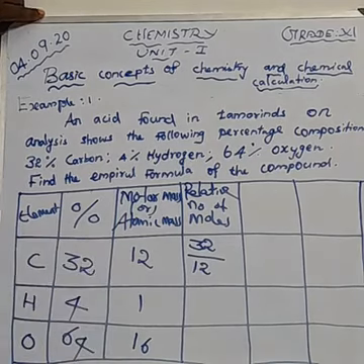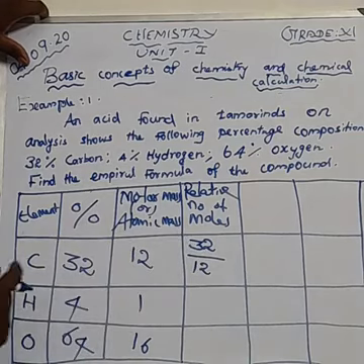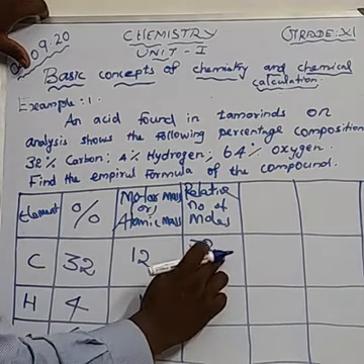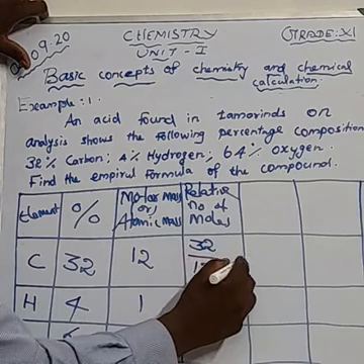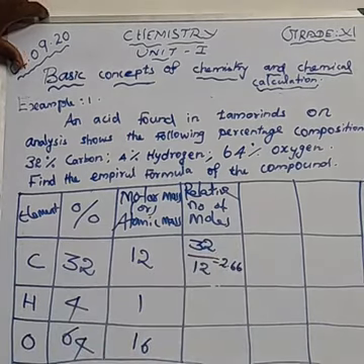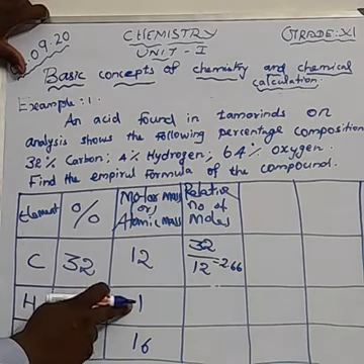Okay. Next. 32 divided by 12. What is the answer? Approximately equal to 2.66. Clear? Then what about the hydrogen? Percentage divided by atomic mass.